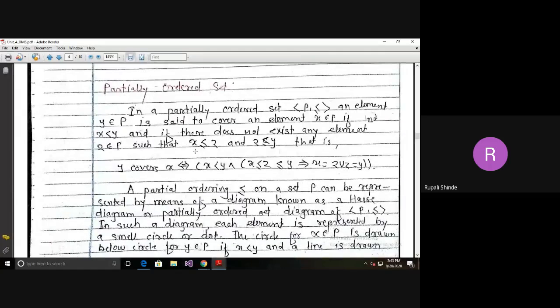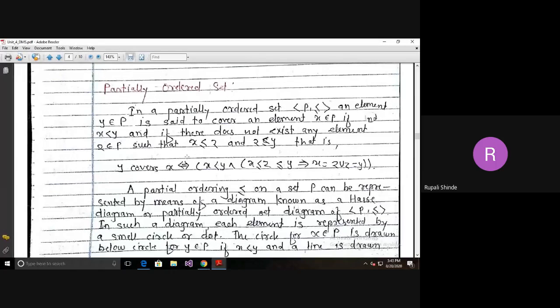Okay. Now, how can we represent this partially ordered relation? For that purpose, there is one diagram, and that diagram is called a Hasse diagram. Okay. Now, we will see how to draw a Hasse diagram.